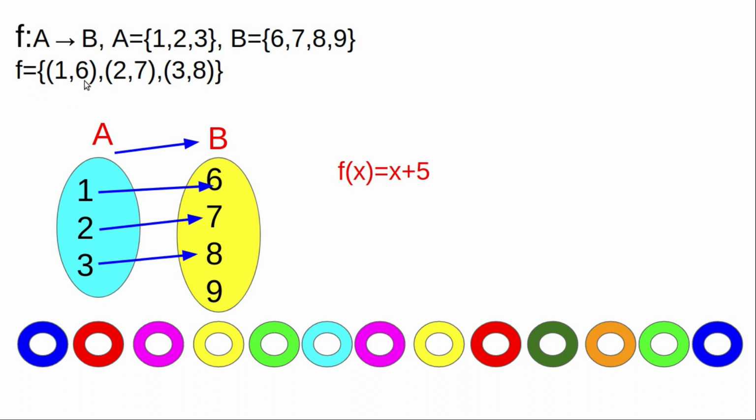So the range is the set {6, 7, 8}. Now this 6 is the image of 1, 1 is the pre-image of 6, 7 is the image of 2, 2 is the pre-image of 7.